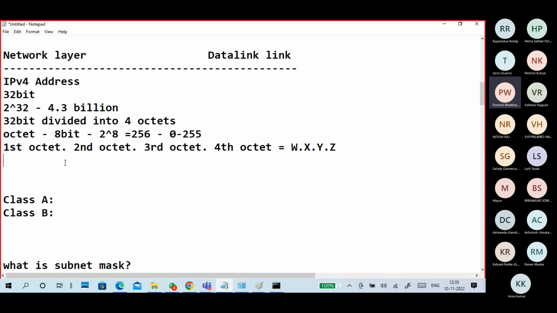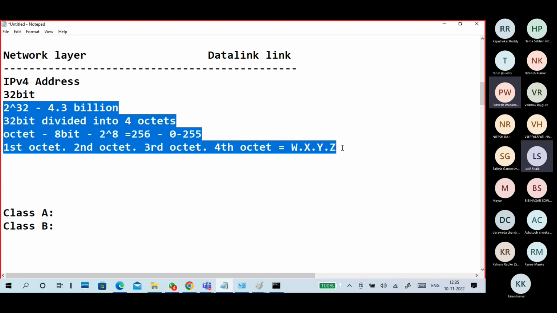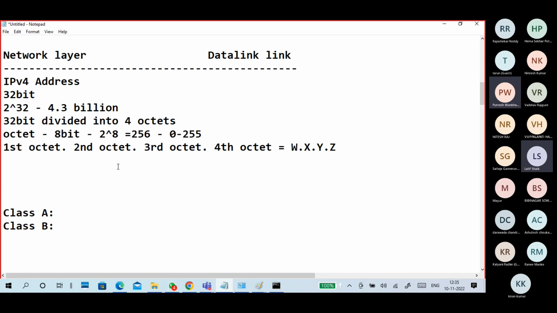So here it is. This is purely about IPv4. If we want to write an example IP address, for example, 192.168.23.20, this is how IPv4 addresses look. 4 parts.